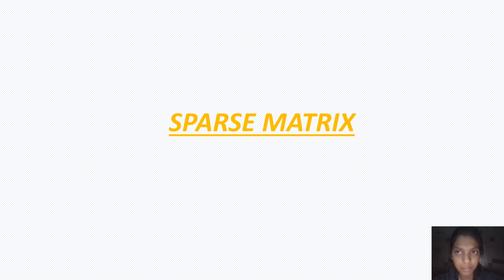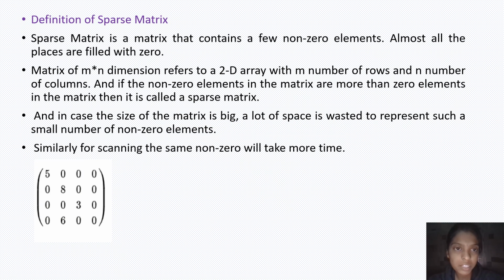Next is sparse matrix. Definition of a sparse matrix: a sparse matrix is a matrix that contains few non-zero elements. Almost all the places are filled with zero. A matrix of m by n dimension refers to a two-dimensional array with m rows and n columns, and if the zero elements in the matrix are more than the non-zero elements, then it is called a sparse matrix.